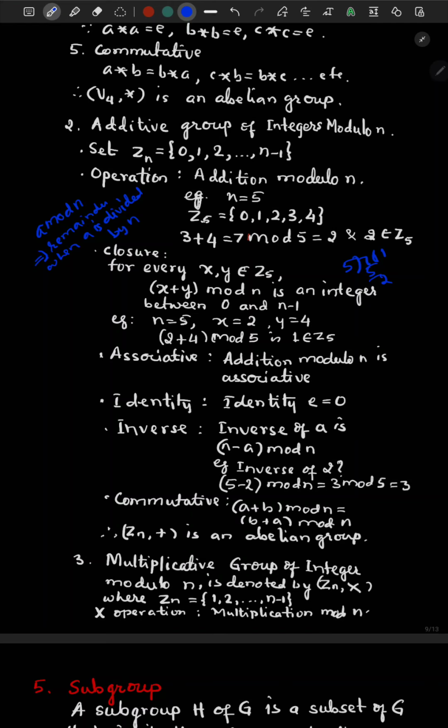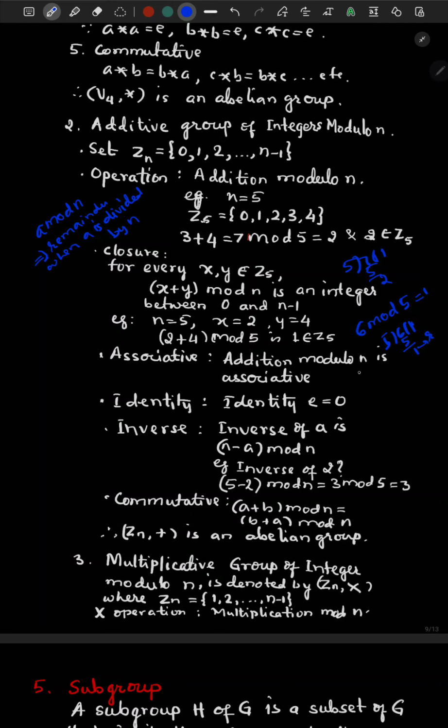For example, if I take n as 5, x as 2, y as 4, then 2 plus 4 is 6. Then 6 mod 5 will be 1, because when you divide 6 by 5, you get the remainder 1. So 1 belongs to Zn.